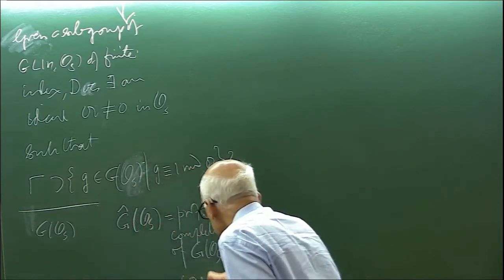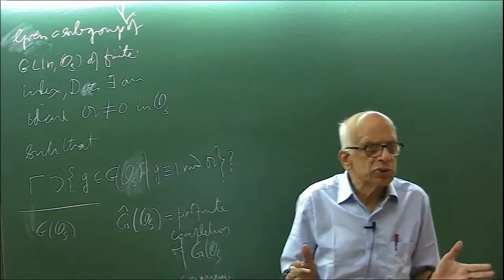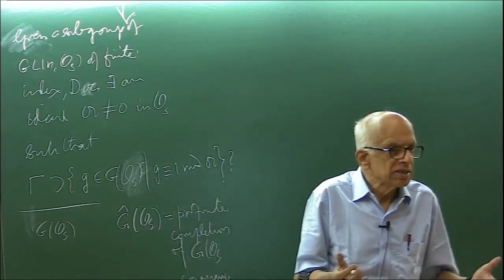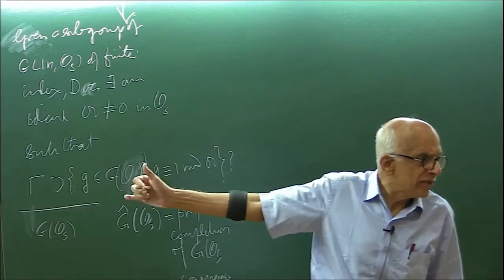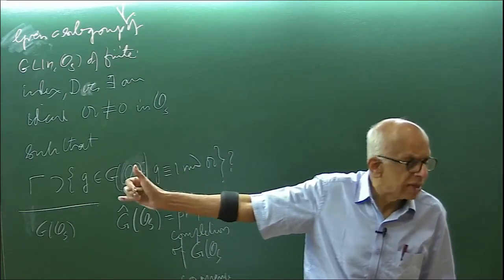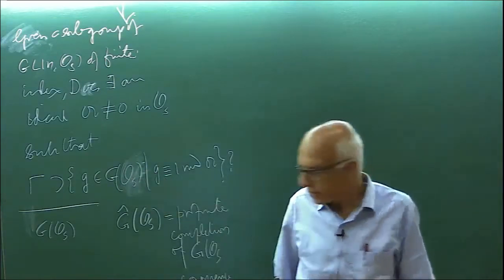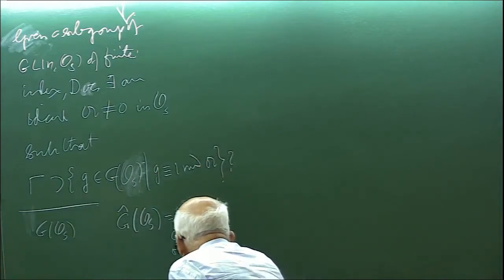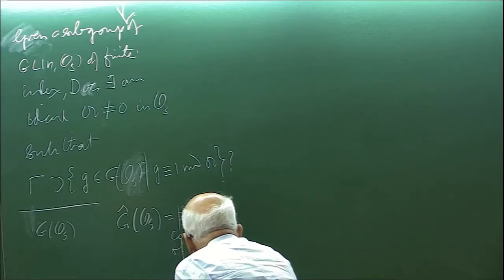Let me denote by G bar OS what I call the congruence completion. This is the completion when you take the congruence subgroups as a fundamental system of neighborhoods of the identity. It's a smaller family than the family of all subgroups of finite index, and you form the projective limit of G modulo the congruence groups. So G bar OS is the projective limit over congruence groups gamma of G mod gamma.